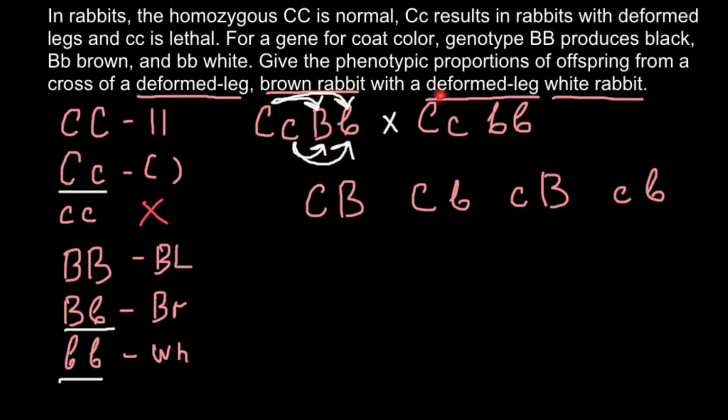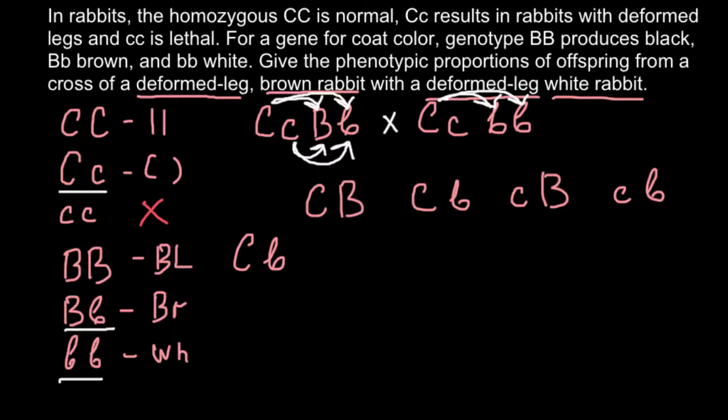Now let's look at how many different gametes the other parent can produce, using the same technique. The first combination is capital C small b, and the second is also capital C small b, the same genotype, so we don't list it. We only list unique genotypes.